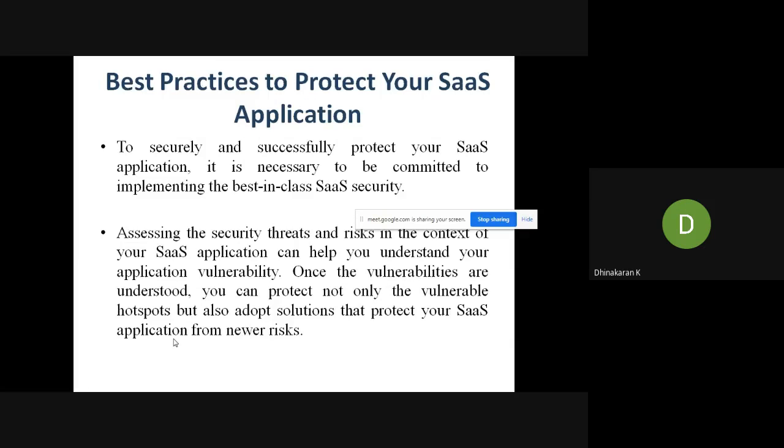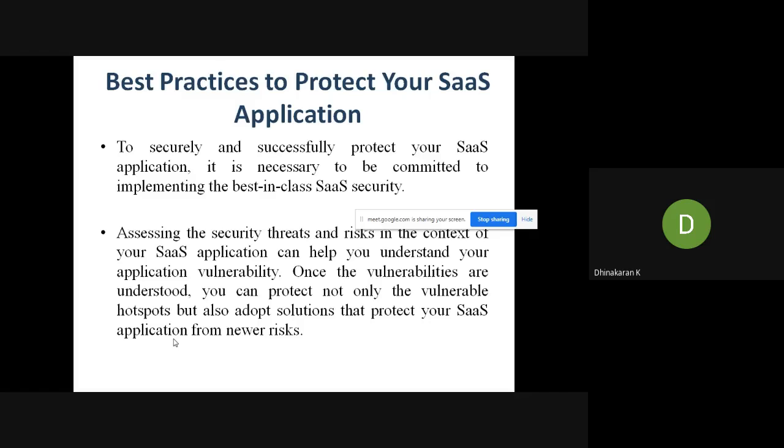The best practices to protect your SaaS application. What is actually needed to securely and successfully protect your SaaS application? It is necessary to be committed to implementing best-in-class SaaS security. So how am I going to protect my data? Assessing the security threats and risks in the context of your SaaS application can help you understand your application vulnerability.